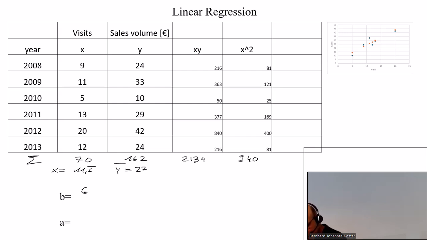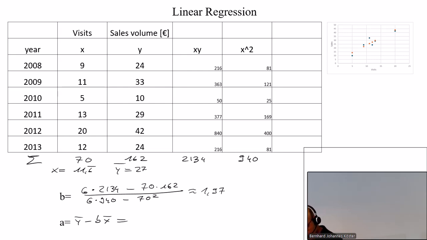And here we had 6 times 2134 minus... yes, and this was roughly 1.97, and this was then y bar minus b x bar equals 27, and this was roughly 3.92.